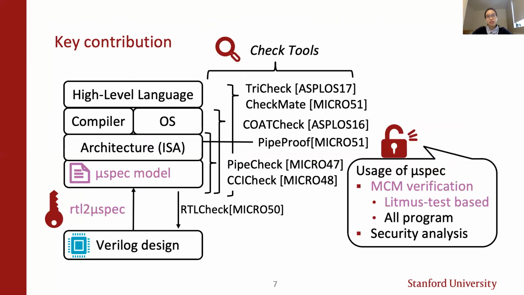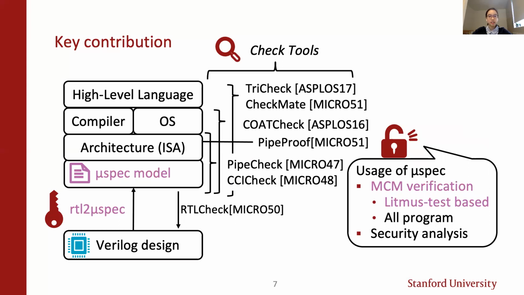In general, automatic synthesis of μspec models has the potential to unlock all the benefits of the Check tools. Many of them conduct litmus test-based verification. Another tool facilitates MCM verification over all programs, and yet another conducts hardware security verification. However, all of them require a μspec model as input.